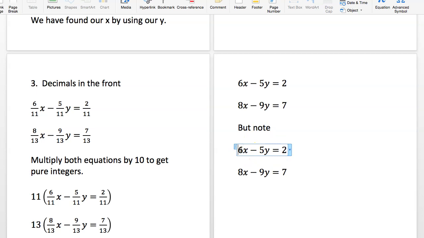You remember when we do 0.6 minus 0.5 equals 0.2? What are we really doing? We're just doing 6 over 10. But who is 6/10? That's 3/5. And who is 0.5? That's 1/2. And who is 0.2? Well, that's 2/10. But who is 2/10?